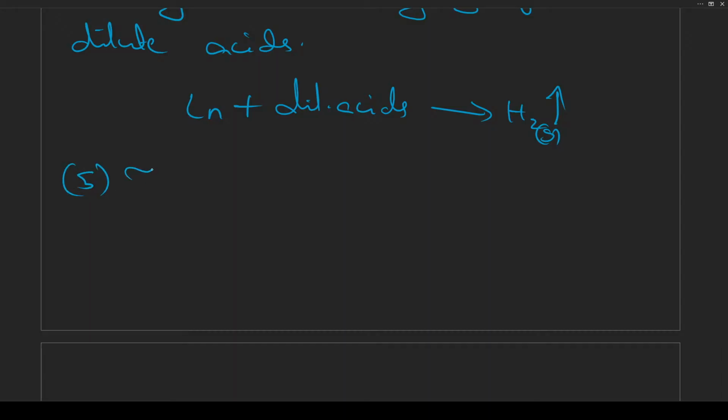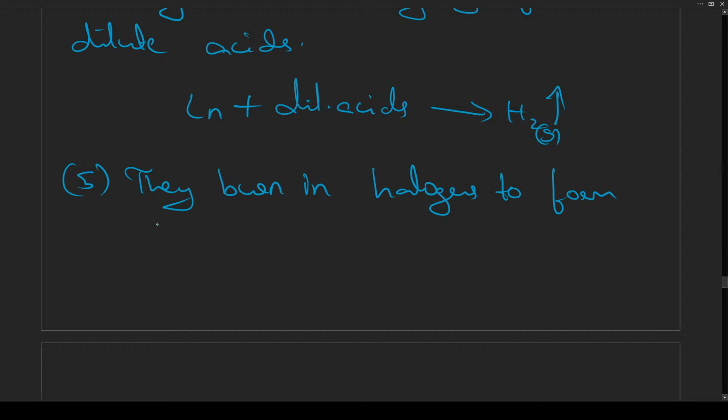Five, they burn in halogens to form halides. 2 Ln plus 3X2 gives 2LnX3.